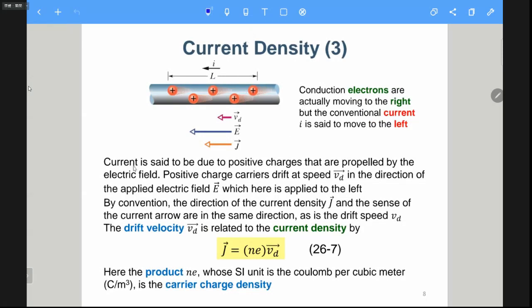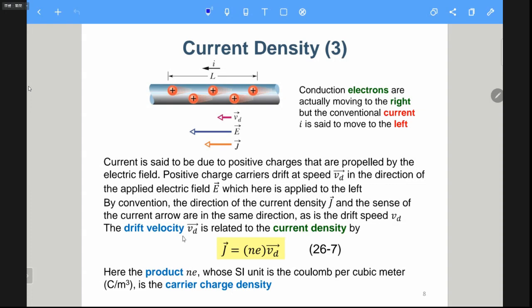Okay, so current is said to be due to positive charges that are propelled by the electric field. Positive charges carry drift velocities Vd in the direction of the applied electric field, which here is applied to the left. By convention, the direction of the current density J is the same.